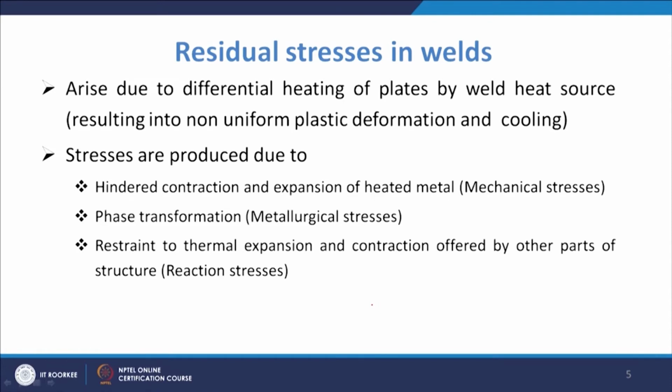Then you also have the development of stresses because of the restraint to thermal expansion and contraction offered by other parts of the structure to which the piece being welded is attached. Many a time we attach the pieces we are welding to different sides.